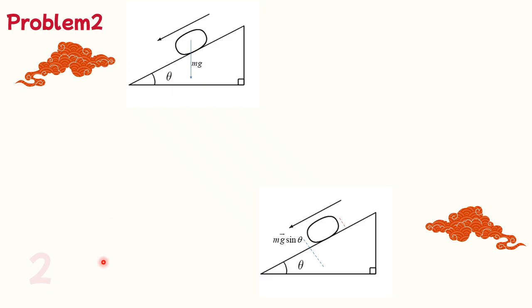We draw this to represent the force on the object that pulls it downward here, and we draw a right triangle. This angle and this angle are equal to each other based on the triangle theorem. So this is the hypotenuse, mg, and this is the opposite side, which is mg multiplied by sine theta.